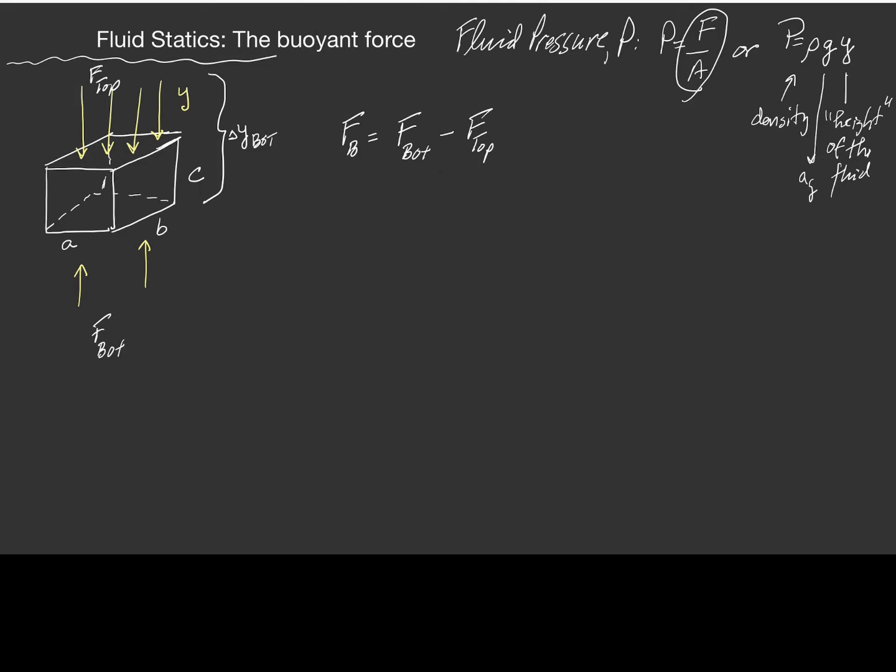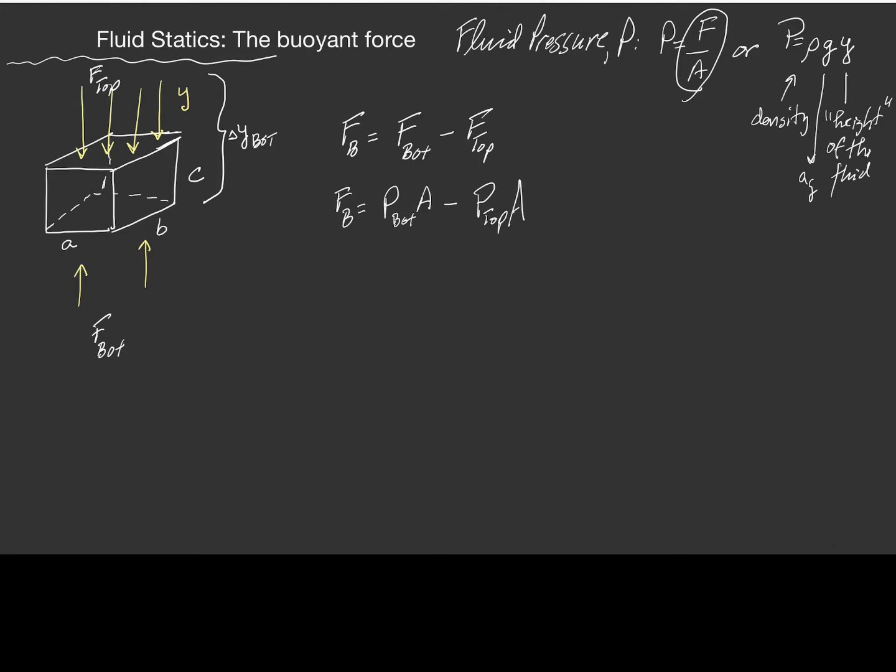With that said, we can rewrite this now to say that the buoyant force would be, if force is the pressure times the area, then we would get the pressure at the bottom times the area minus, for now this one right here, the pressure at the top times its area.